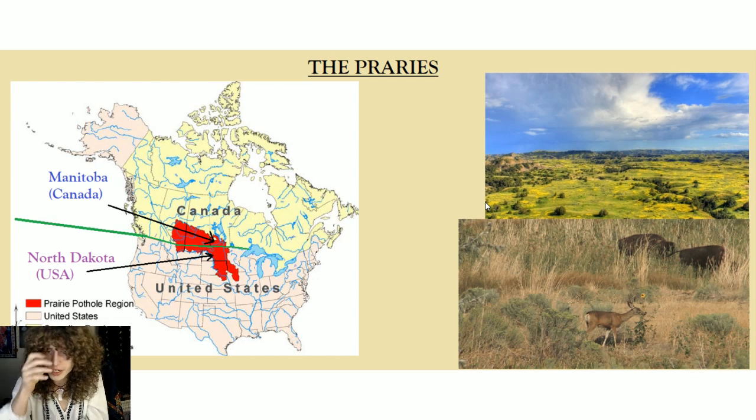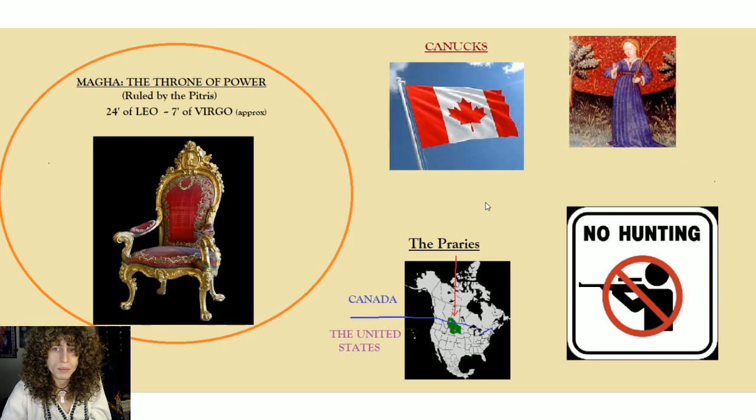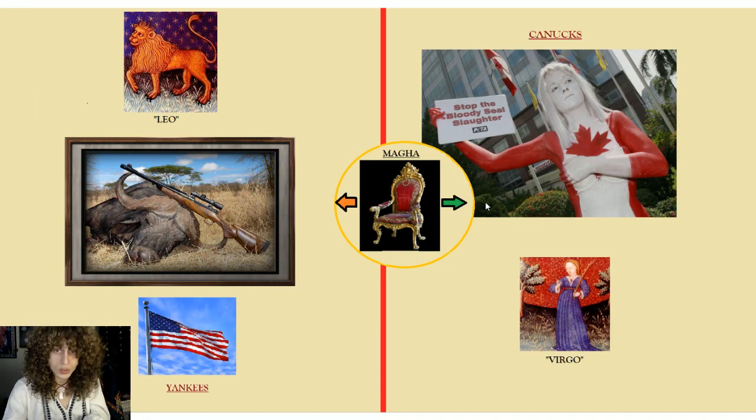So the prairie deer are there, but we have a more conservative policy towards how we deal with our local ecology. We will deal differently with that same land. So essentially, somebody born in conservative Canada, stop the bloody seal slaughter and all these things, a person born in Canada, i.e. Virgo, will deal with the ecology of the prairies differently than someone who's born in the United States, even though it's the same land.